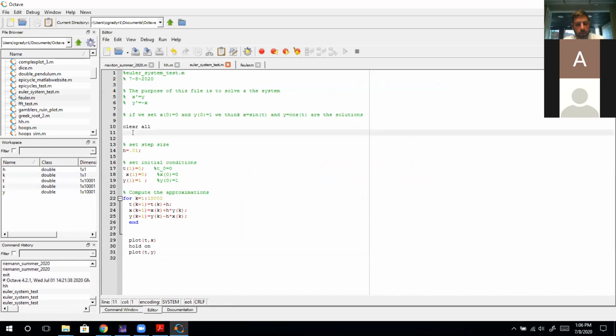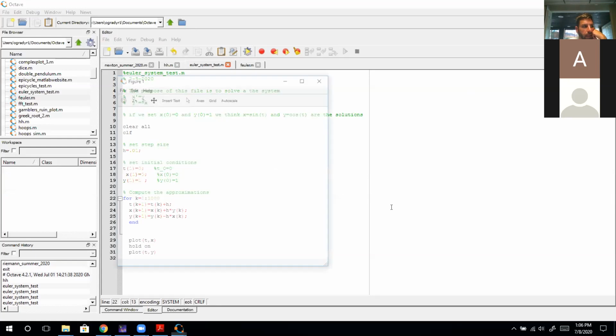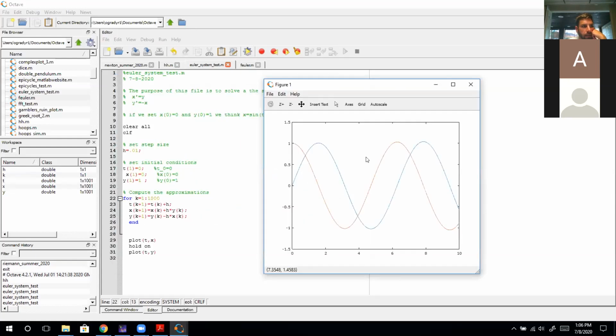One way to clear anything on the figure is to do CLF. That clears any stored thing on the plot. So let's go back a bit. We started at 100. Let's go to 1,000 and let's see what happens when we run. So this looks correct, doesn't it? Does this not look like the sine and cosine? Looks like sine and cosine to me.